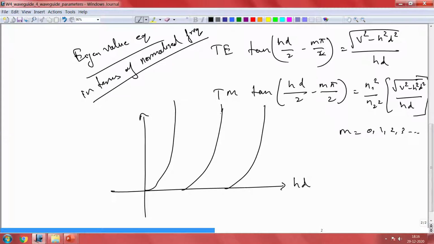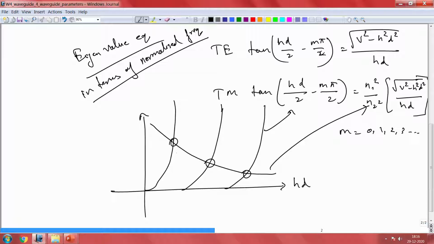Now if you are going to solve for this, the right hand side will cut across something like this. This will give you the solutions here. The intersection point is the solution. This is the left hand side, and this is our right hand side, and this gives us all the solutions.